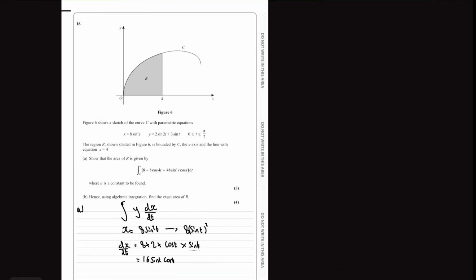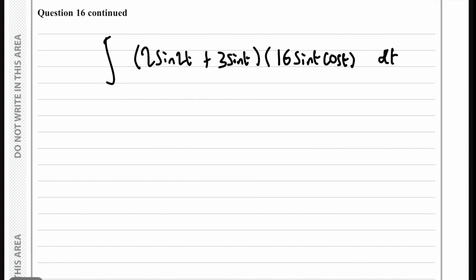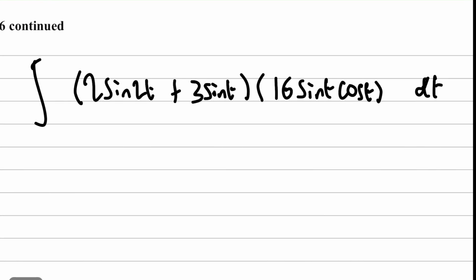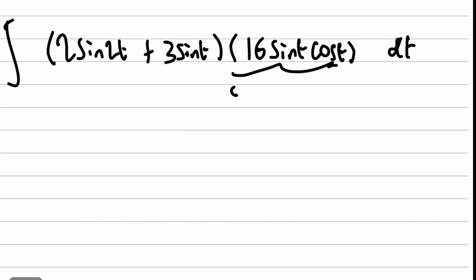And that's it. Now, the integral can be written as y, so that was 2 sine 2t plus 3 sine of t, multiplied by our derivative, which we just found. So that would be 16 sine t cos t dt. Now, 16 sine t cos t, I can rewrite that as 8 sine 2t.